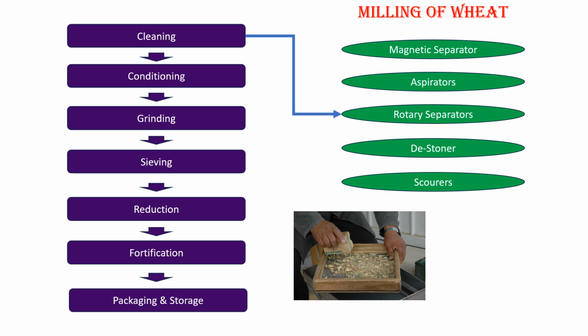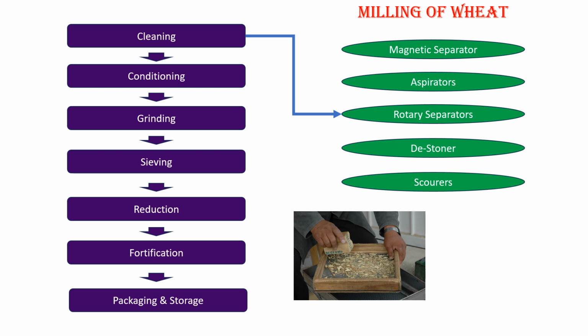Then the next step is sieving, which means the purification process. The ground wheat passes through shifters and purifiers to separate different particle sizes. The purifier uses air currents and sieves to remove bran and germ, leaving refined endosperm. Later, the step is reduction, which means grinding into flour.